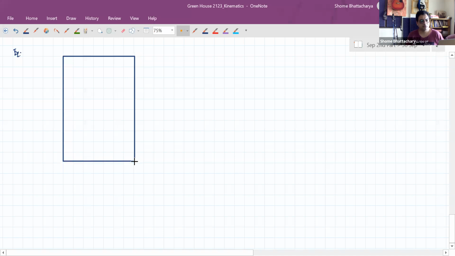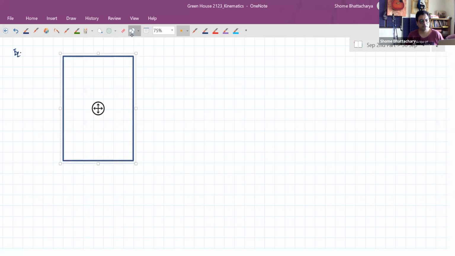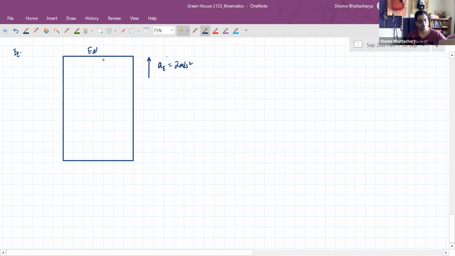So we have this situation. Let's say there's an elevator which is accelerating upwards at a uniform rate of 2 meters per second square. And it's a freight elevator, so the height is pretty large. It's got a height of 6 meters.